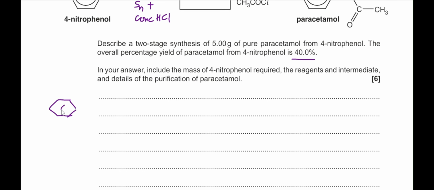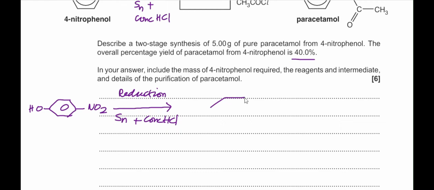Drawing the structure here, the nitrophenol undergoes reduction in the presence of tin and concentrated HCl to give the product where the OH group remains here and the nitro group becomes an amine group.